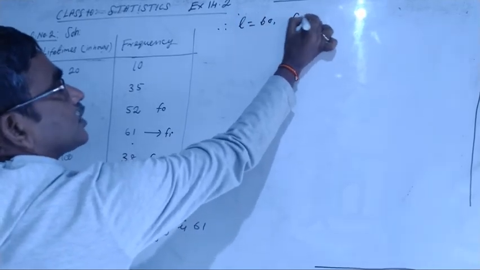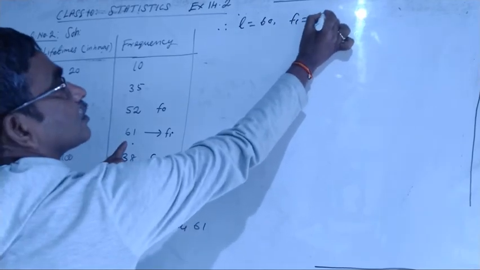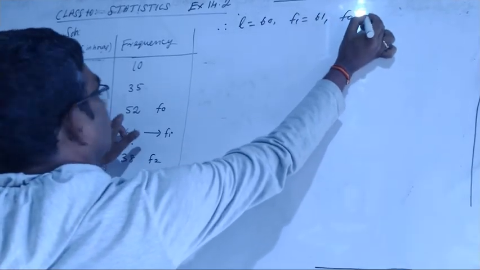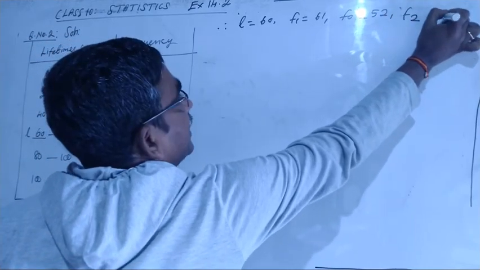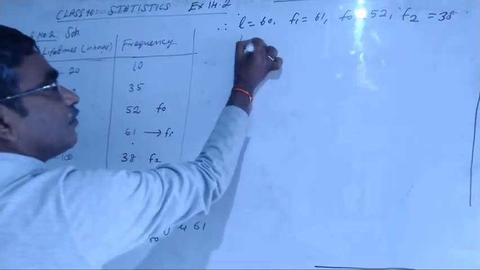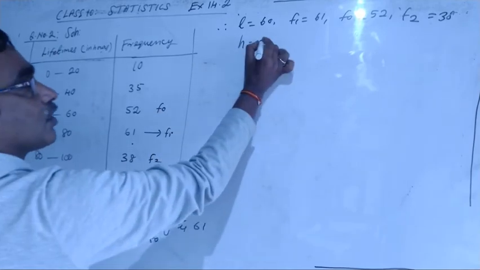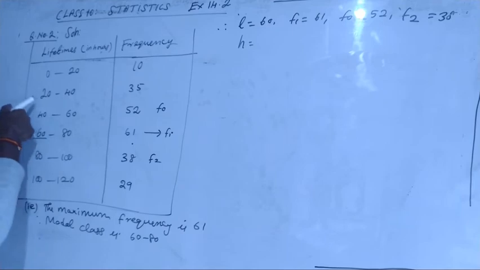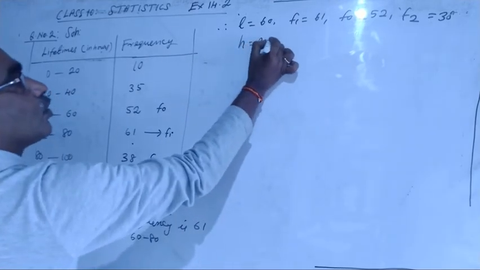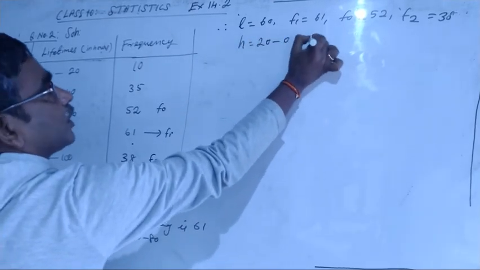F1 is the frequency, 61. F0 is 52 and F2 is 38. H is the width of the class interval: 20 minus 0, or 40 minus 20, it is 20.